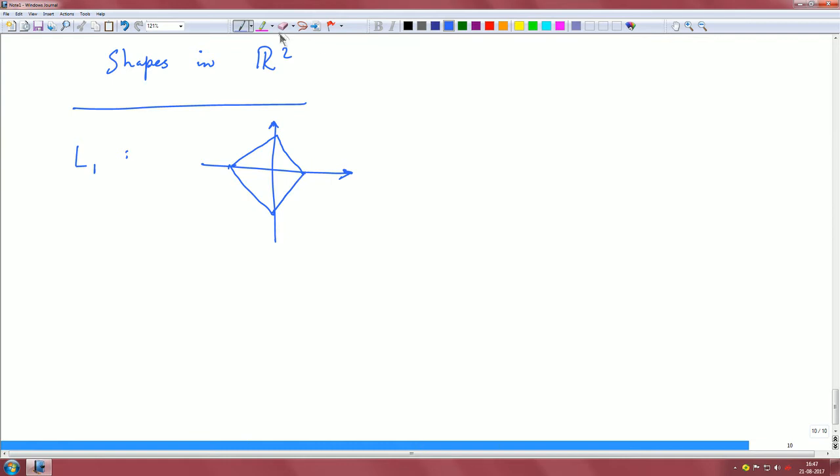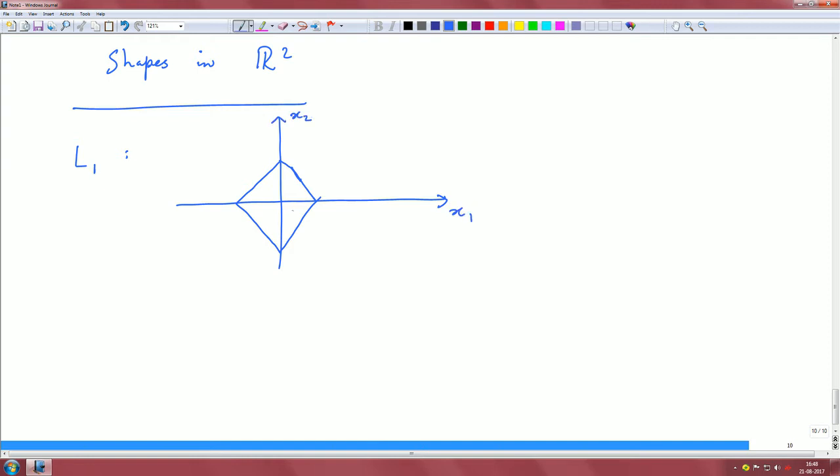My rhombus is not exactly up to mark. So, if I look at the L1 norm to be less than or equal to 1, all the vectors should lie inside this rhombus, right.